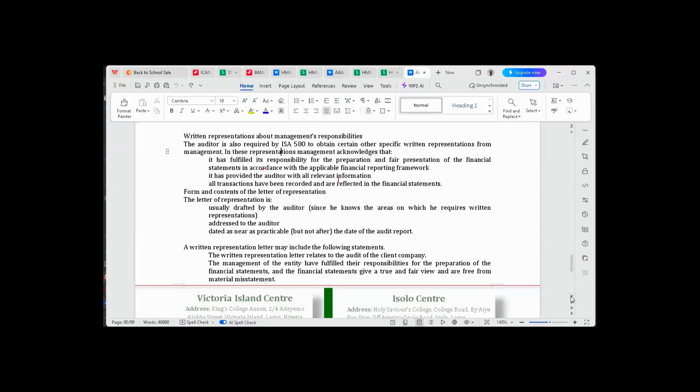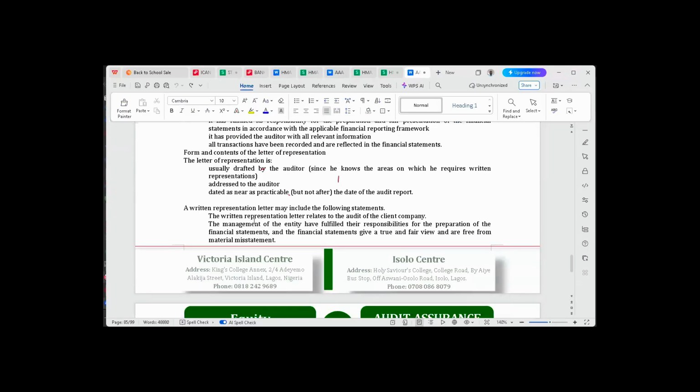Now, some of the information that you might see in a written representation: number one, a written representation letter relates to the audit of the client company. Another one: the management of the entity has fulfilled their responsibilities for the preparation of financial statements. The financial statement gives a true and fair view, and is free of any material misstatements.